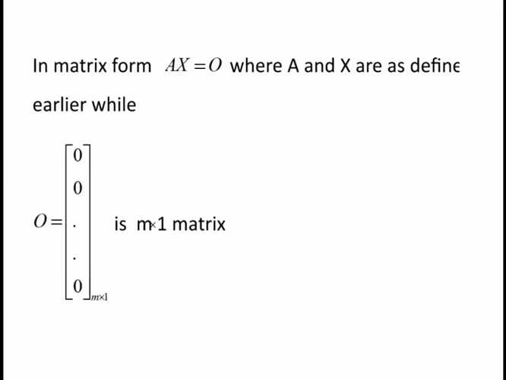And these homogeneous linear equations can be written in matrix form as Ax equals O, where A is the coefficient matrix of the system of equations 1, X is the matrix of unknowns and O is the matrix of the RHS. Here the RHS are all equal to 0, so O is a null matrix of order m by 1.